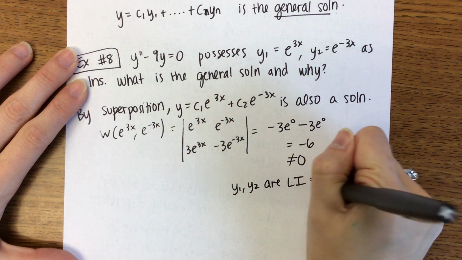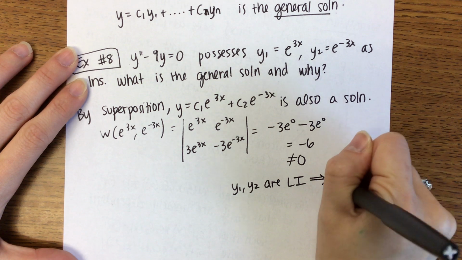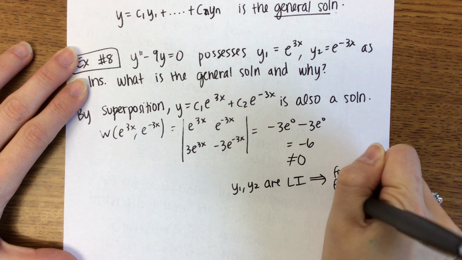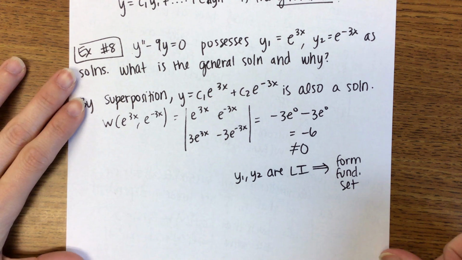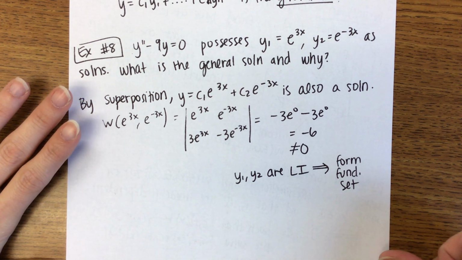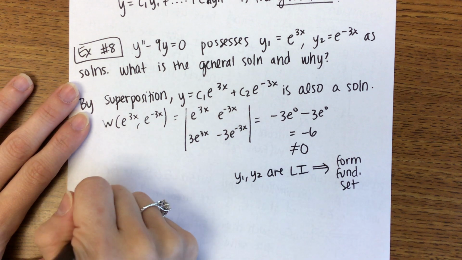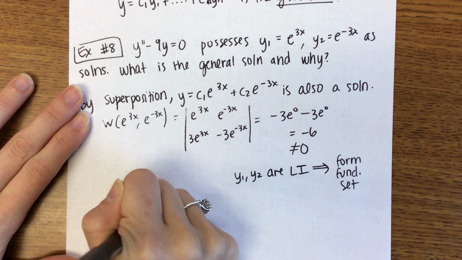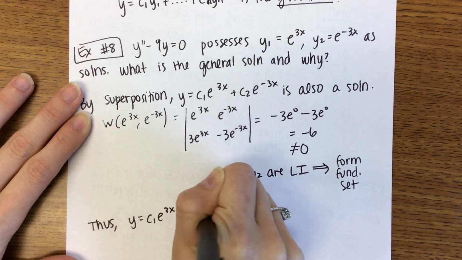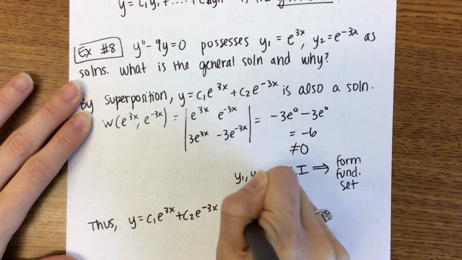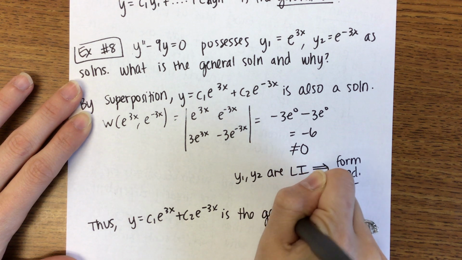If they are linearly independent, then they form a fundamental set. The fundamental set forms the general solution. So ultimately, that proves that y equals c1 e to the 3x plus c2 e to the negative 3x is the general solution.